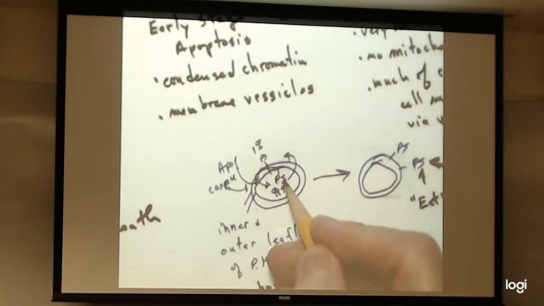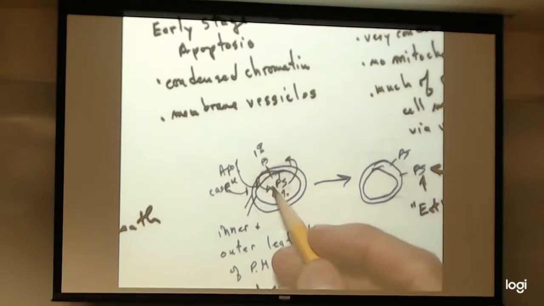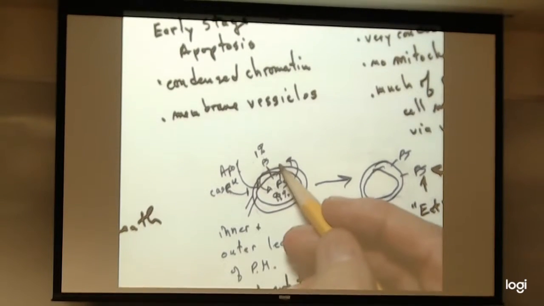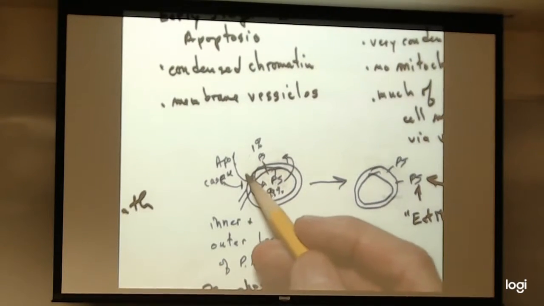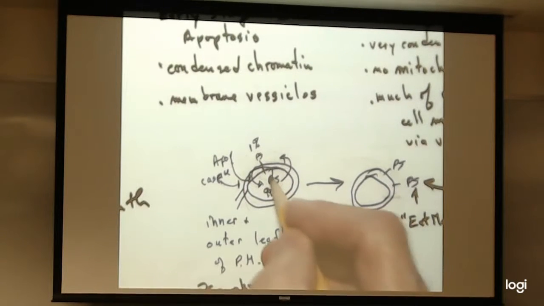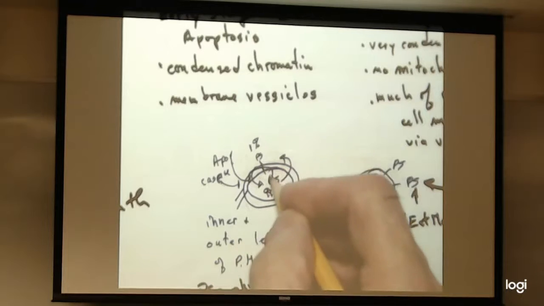And in a happy, healthy cell, 99.9% of phosphatidylserine is in the inner leaflet. Now, some of it can get flipped up to the outer leaflet, but then there's an enzyme, so-called flippase, which will see this and immediately grab it and flip it back to where it belongs on the inner leaflet, facing the inside of the cell.